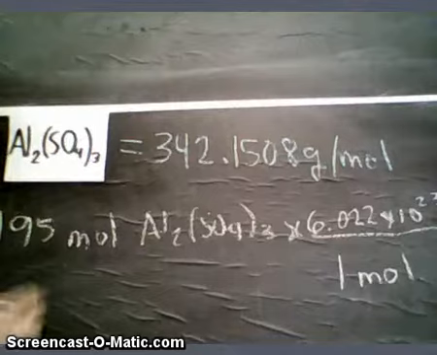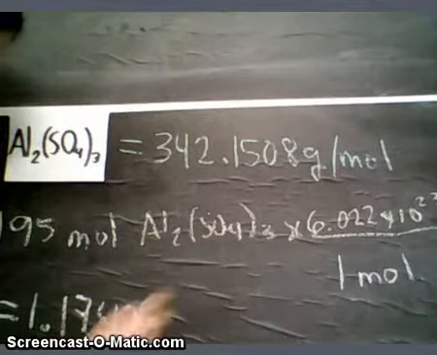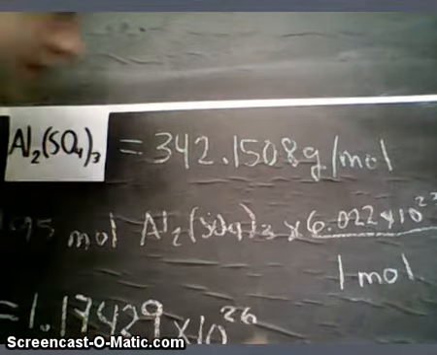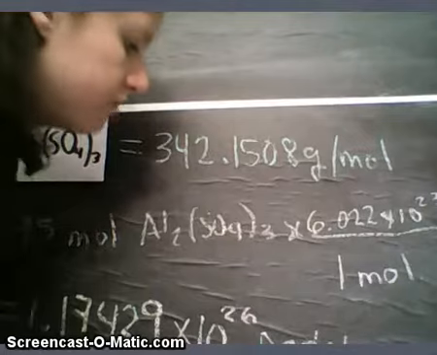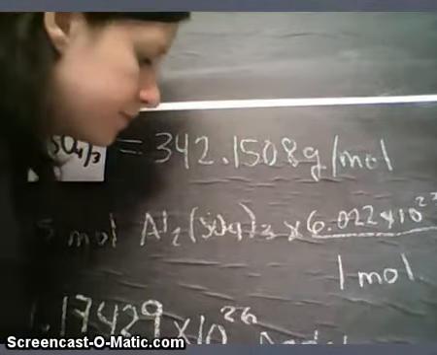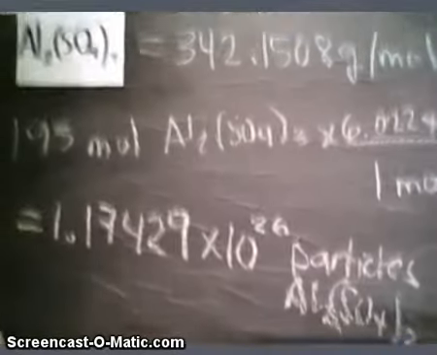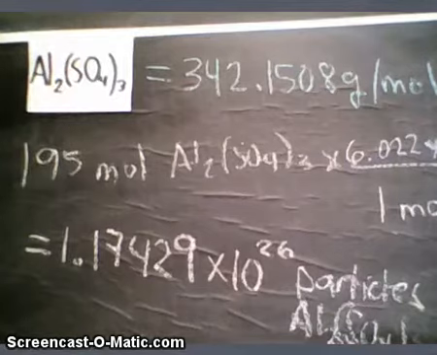The final answer is 1.17429 times 10 to the 26 particles of aluminum sulfate. Okay, so we have 1.17429 times 10 to the 26 particles of aluminum sulfate.